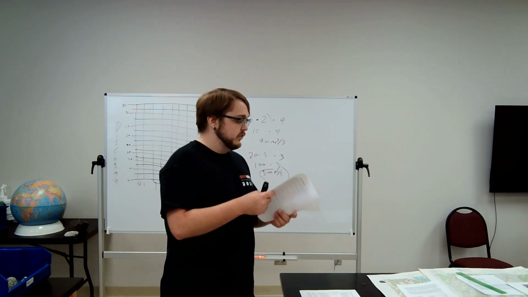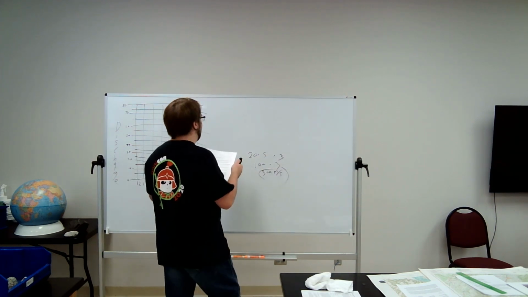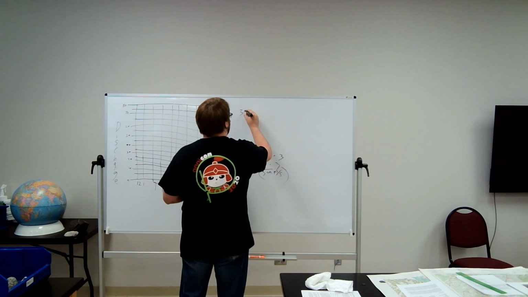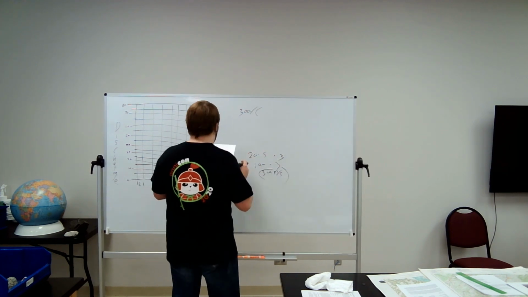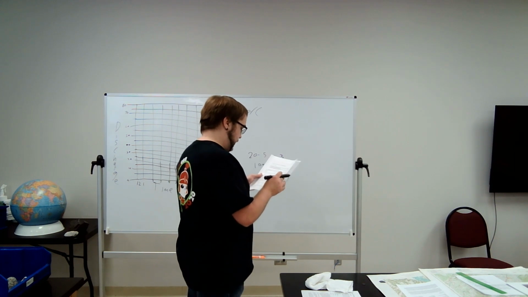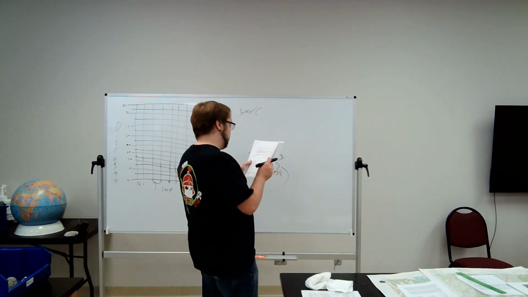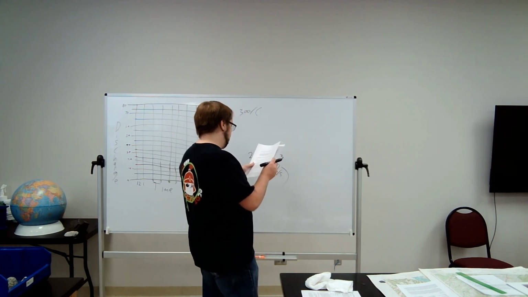Think of it like that. So it talks about how you would do that, and essentially we got 300, then we divide that by a width of 10 feet times a depth of 6 feet.